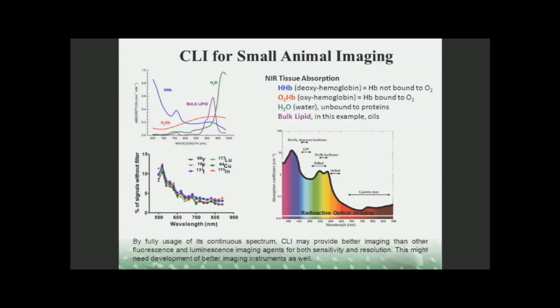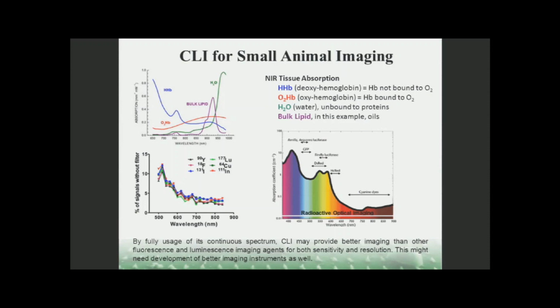And especially Dr. Garima talked about all different kinds of applications for using Cerenkov for small animal imaging. Basically, you need to consider the emission spectrum of Cerenkov luminescence, as well as the biological tissue, their autofluorescence, their absorbance.